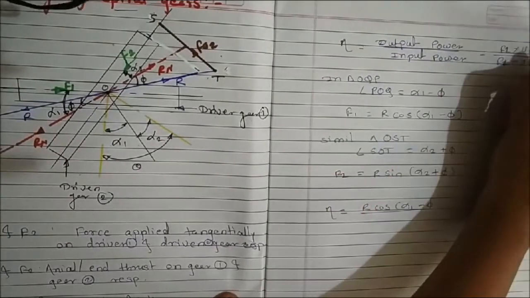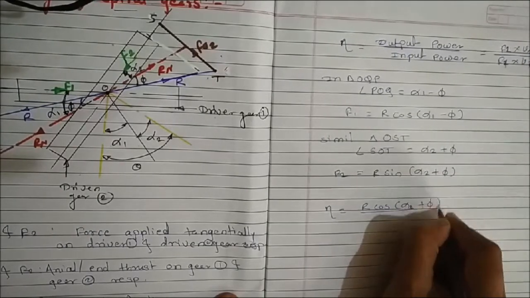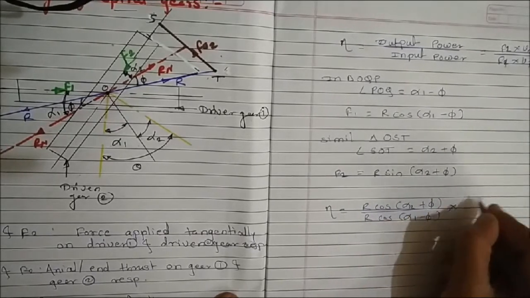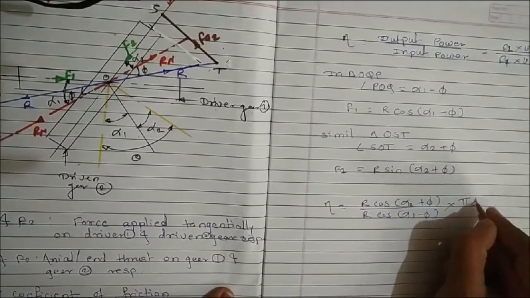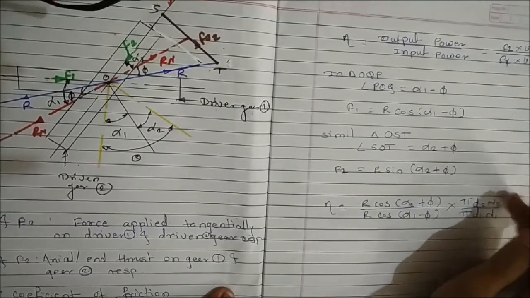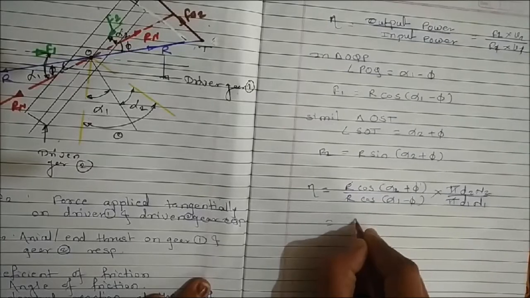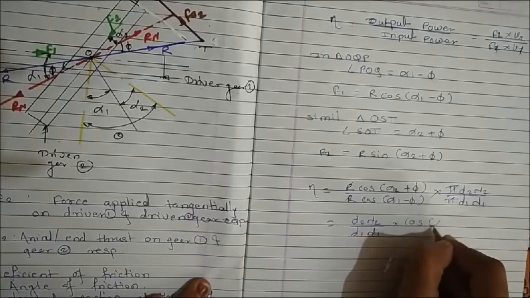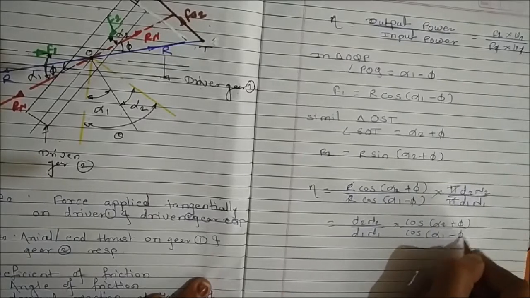So it is R cos of alpha 2 plus phi divided by R cos of alpha 1 minus phi, into V in terms of pi d n, so it is pi d2 n2 divided by pi d1 n1, divided by 60, which gets cancelled. Again R and R get cancelled, pi gets cancelled, so what remains is d2 n2 divided by d1 n1, into cos of alpha 2 plus phi divided by cos of alpha 1 minus phi.